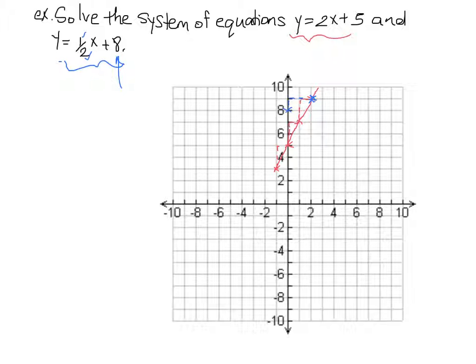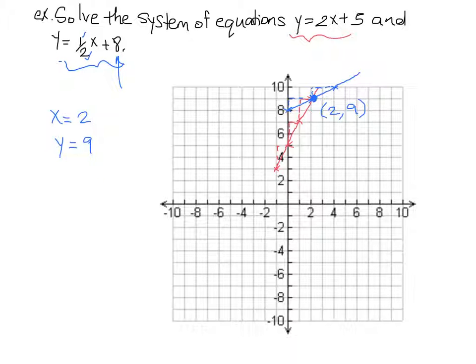Let's do that once more just so we get this looking like a line. Up 1, over 2, and the lines meet here. So our solution is 2 on the x and 9 on the y. The solution of our system of equations is x equals 2, y equals 9.